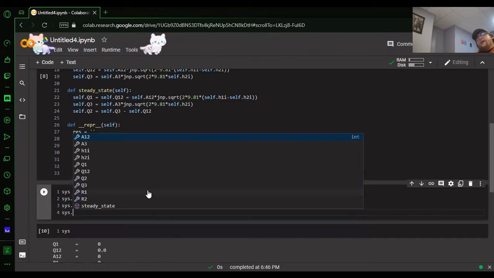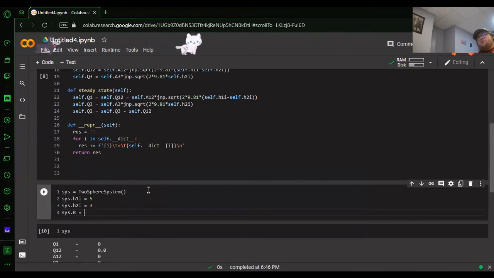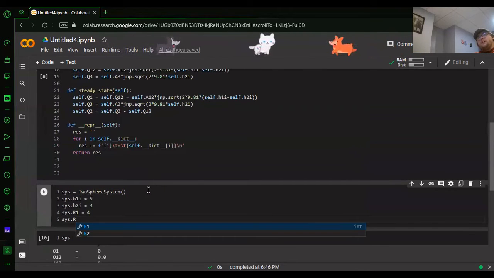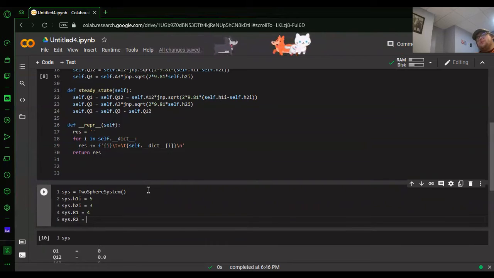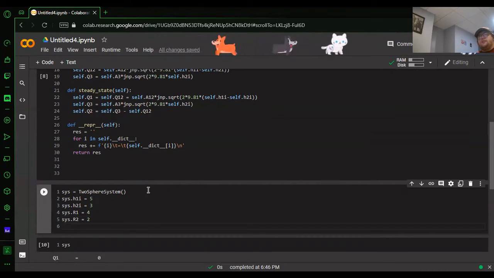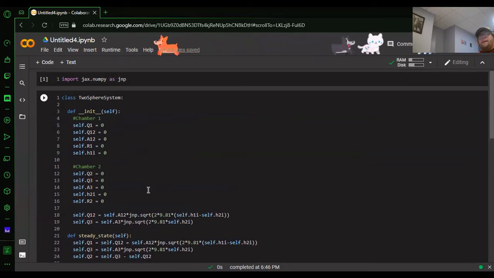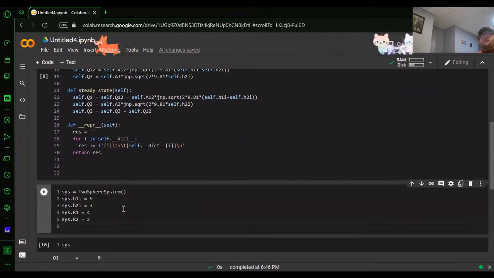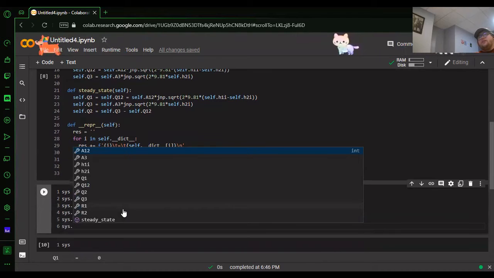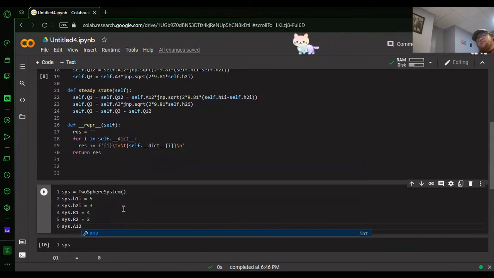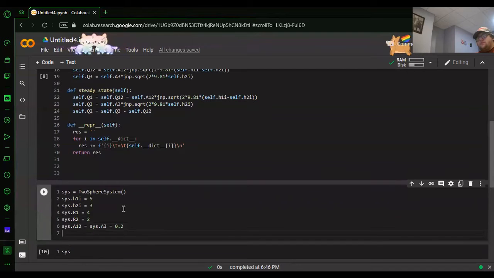Our system will also have a radius of 4 meters for tank 1 and 2 meters in tank 2. And then our system will also have a cross-sectional area of type 1, 2, is equal to sys.a3, which is equal to 0.2 meters squared.